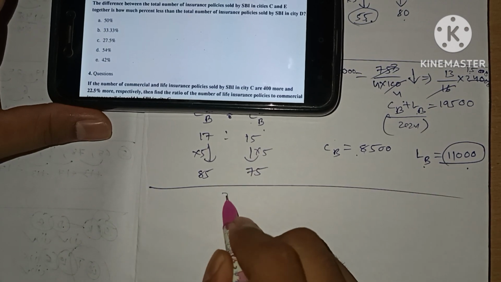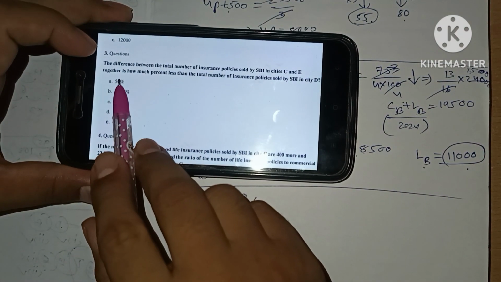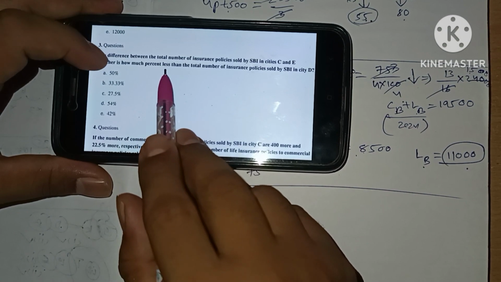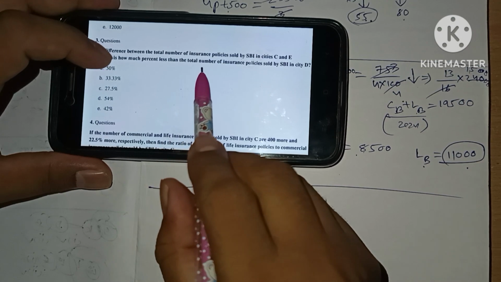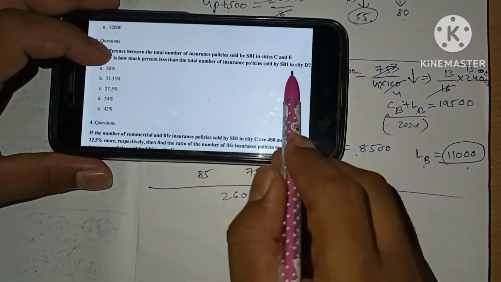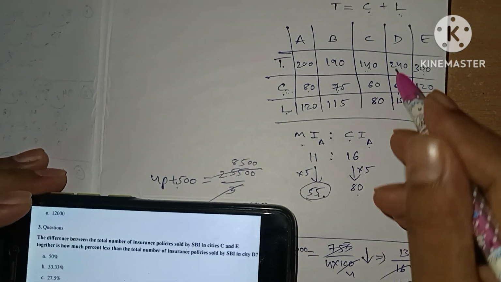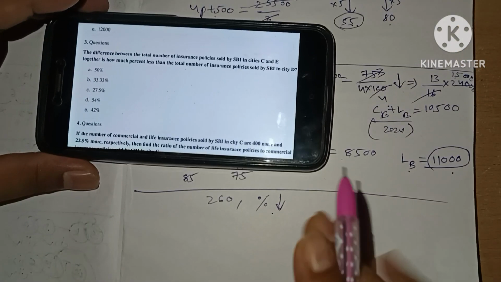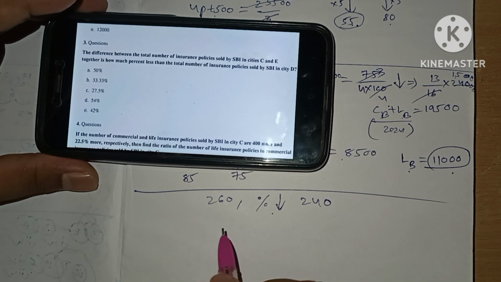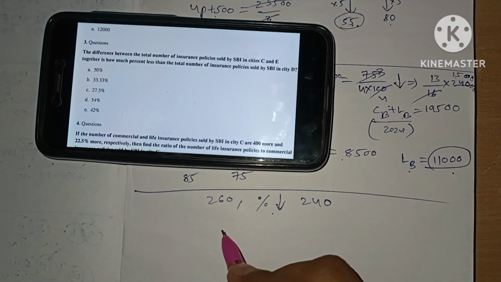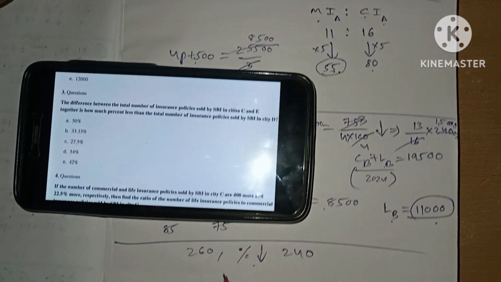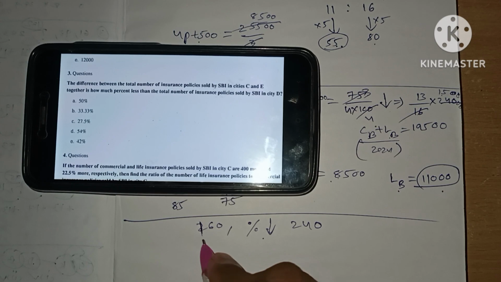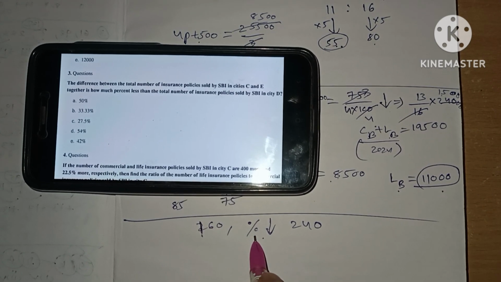Wait a second, the difference between 140 and 300 will be 160, not 260. So 160 is how much percentage less than the total number of insurance policies sold by SBI in City D? In City D, total is 240.